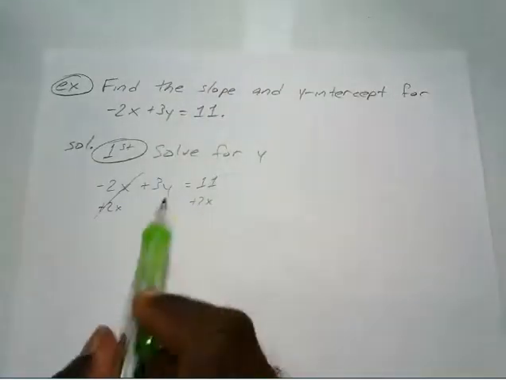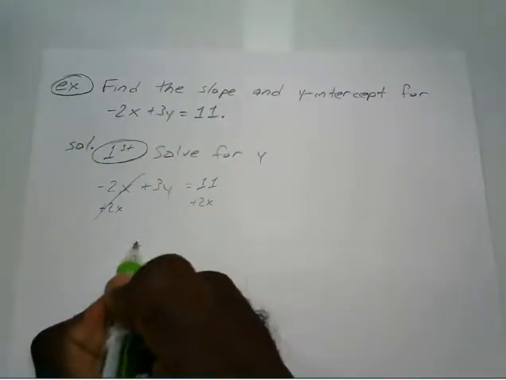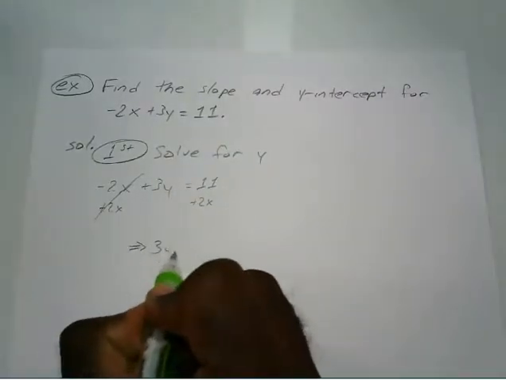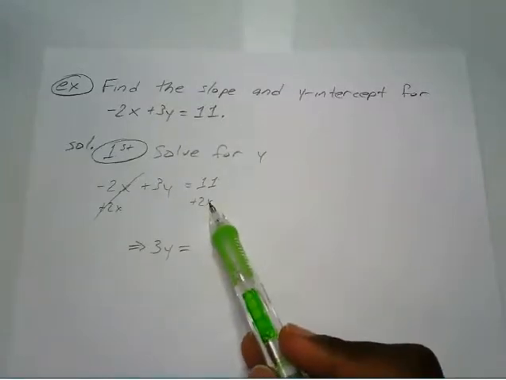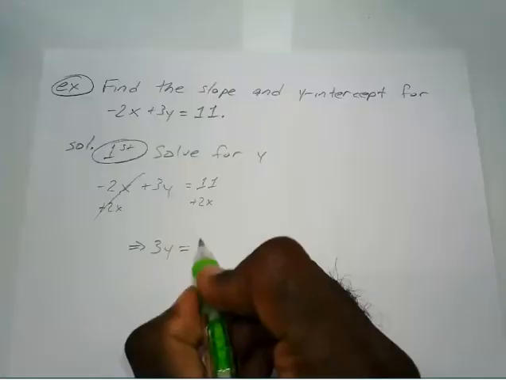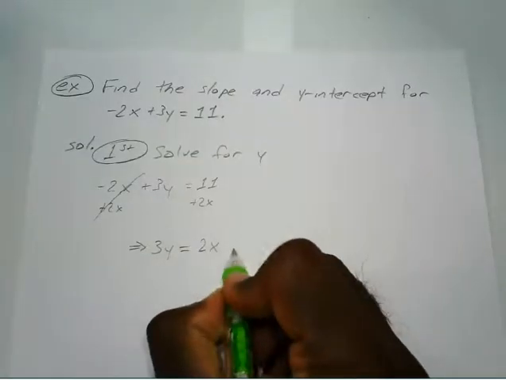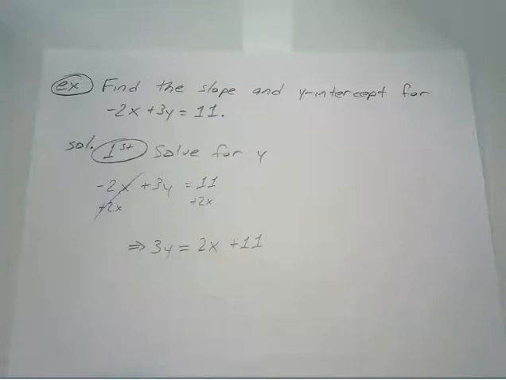So that gives us 3y equals, remember for slope-intercept form, the x term comes first. So instead of 11 plus 2x, you put 2x plus 11.